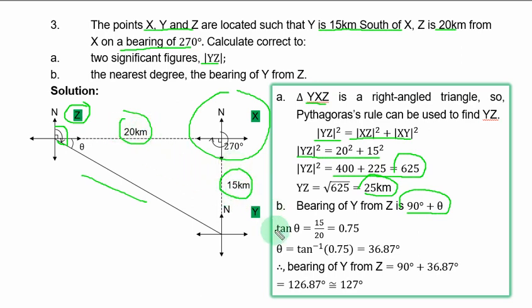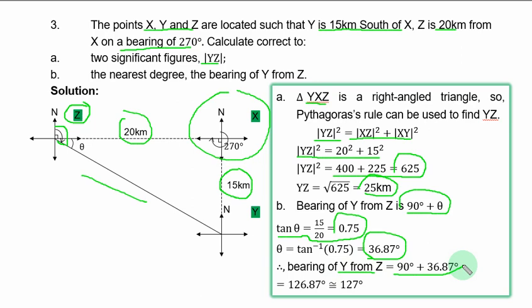So tan theta is equal to 15 over 20, and that is 0.75. To get theta, you take the inverse of tangent of 0.75, and that is 36.87 degrees. Therefore, the bearing of Y from Z is equal to 90 degrees plus 36.87 degrees.